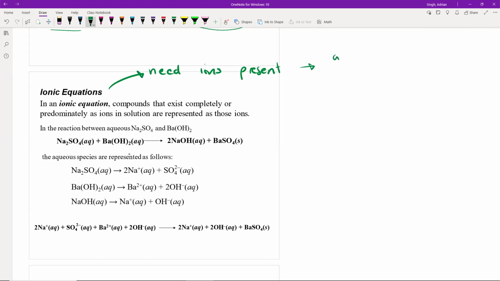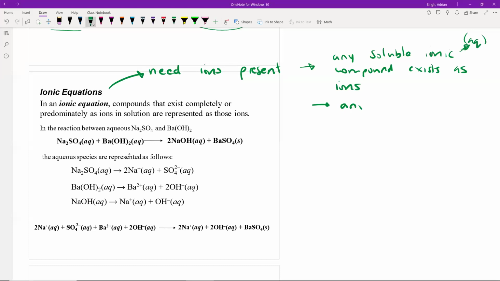Okay, so any soluble ionic compound will actually exist as ions. Okay, and how do we tell that something is soluble? Well, it's going to have that AQ after it, but also we can use a solubility table.